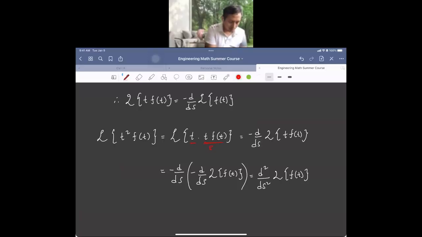So this is t, right? And this is, let's say, function g. So the Laplace of t f of t is d/ds of the Laplace of f of t, right? But g of t is having another t f of t. So t f of t is having another derivative of f of t. So it's twice derivative, so second derivative.